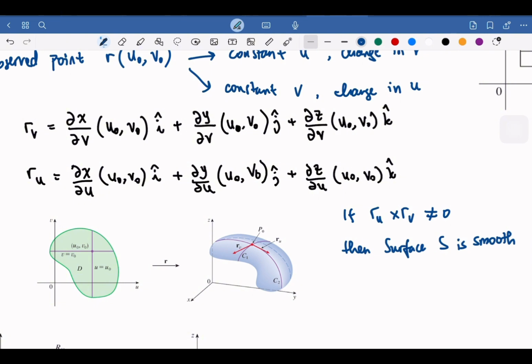Every part of it is what we call smooth. If this is zero, then at some point we don't know whether it's going here or here, because the point can have all possibilities. But if this is never going to be zero, then we say it's smooth.